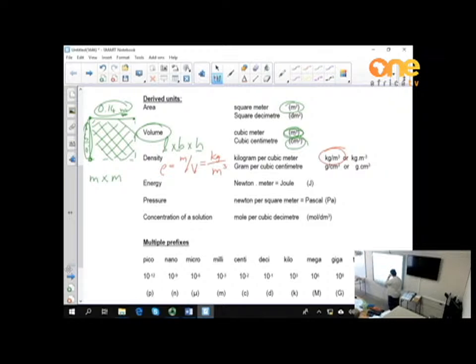Okay. So density is gram per cubic meter or kilogram per cubic meter, written like that. The format, kilogram per meter cubed, or kilogram dot meter to the power minus 3. That minus 3 actually means 1 over the meter cubed, no? All right, so that format and that format mean exactly the same thing.